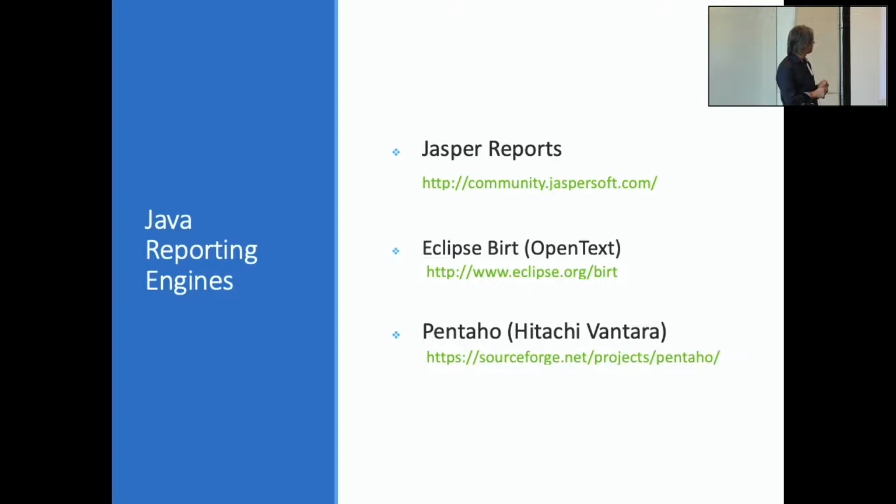Eclipse BIRT is now part of Actuate, which is OpenText nowadays, and Pentaho was acquired by Hitachi Vantara, a big Japanese consortium. You can still find the community edition, still hosted on SourceForge, but they also provide a commercial version.